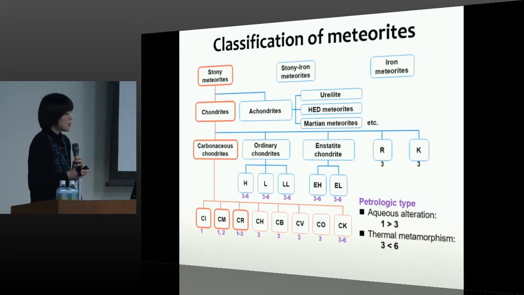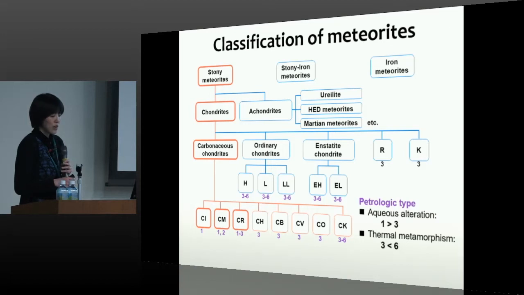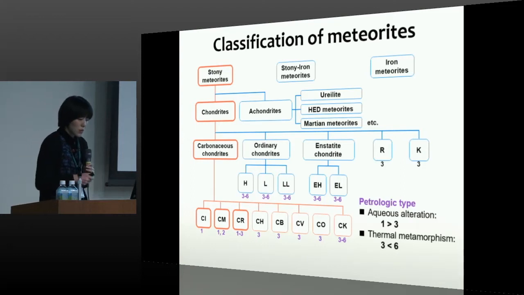The most primitive class of meteorites are so-called carbonaceous chondrites, which is known to contain organic matter. So carbonaceous chondrite actually has several groups, like CI, CM, something like that.